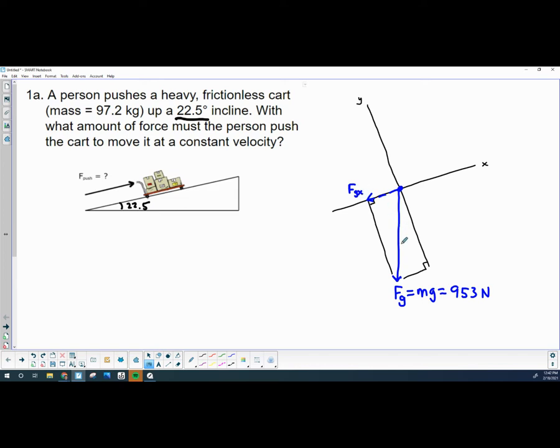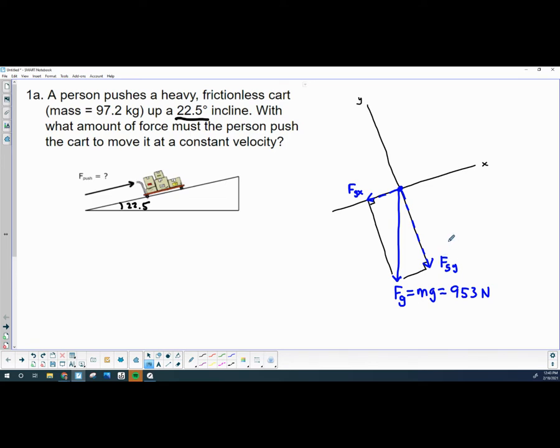So the x component of gravity. There's a component of gravity that's also pulling the cart into the ramp, and it's going to be this long. That is Fgy. Okay.